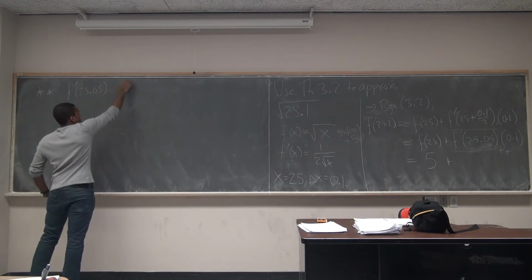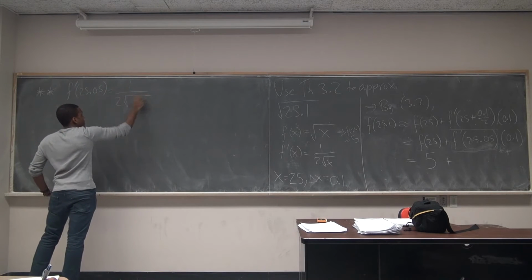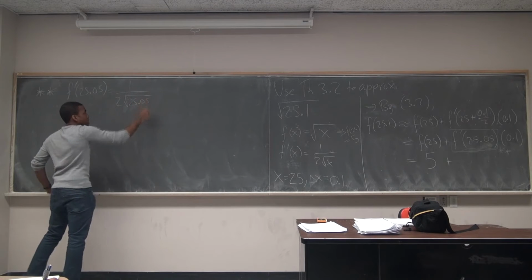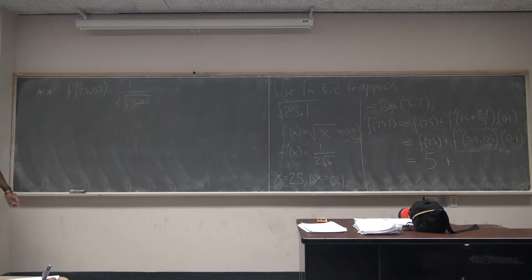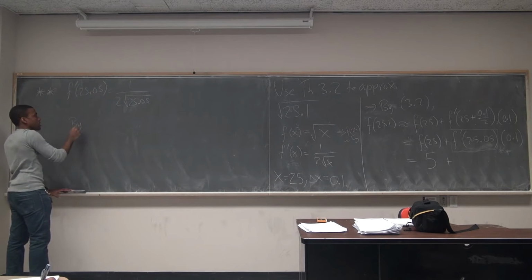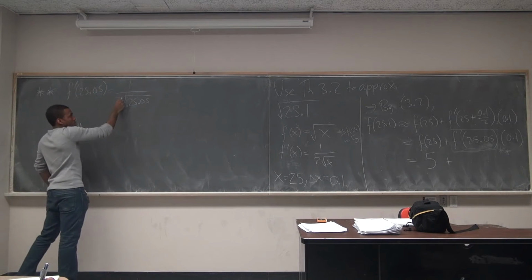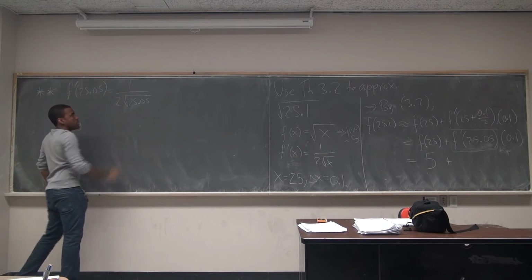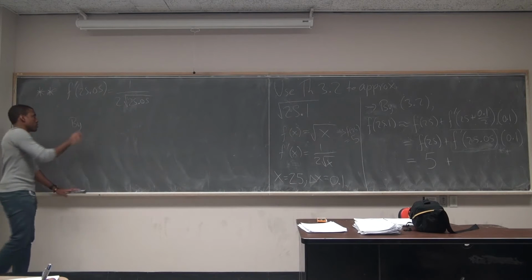Which basically is 1 over 2 times the radical of 25.05. That's what I want to figure out, right? Now what I'm going to do here is approximate this guy using theorem 3.1.